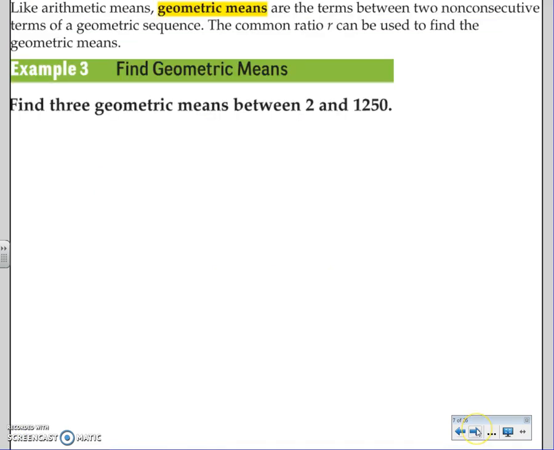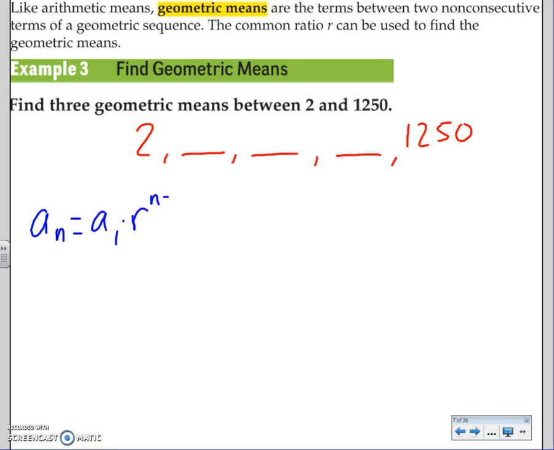Alright, next. Like arithmetic means, there are also geometric means, the numbers between two non-consecutive terms of a geometric sequence. The common ratio r can be used to find those numbers. So find 3 geometric means between 2 and 1250. So we have 2, blank, blank, blank, 1250. We're going to use a formula to find r. a sub n is a sub 1 times r to the n minus 1.